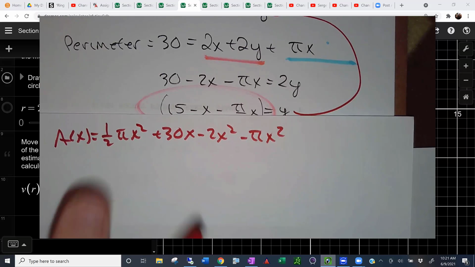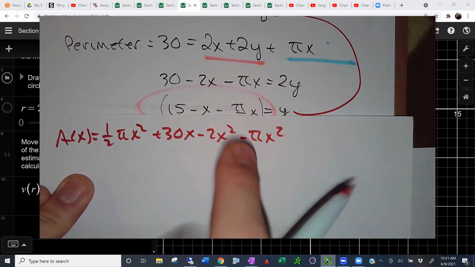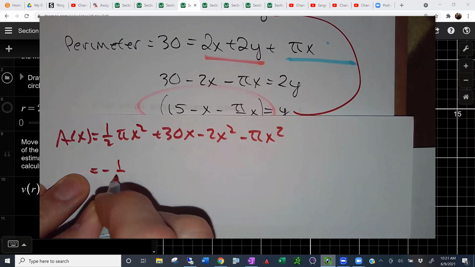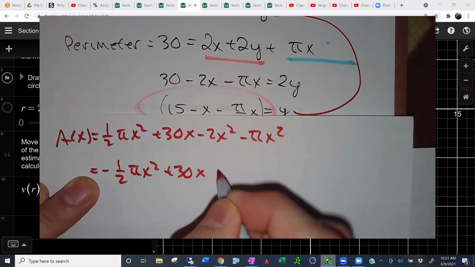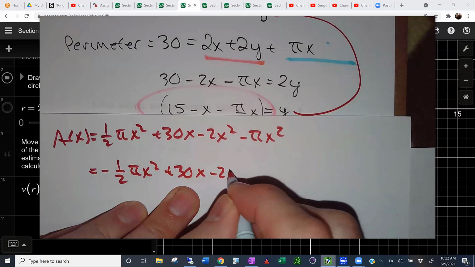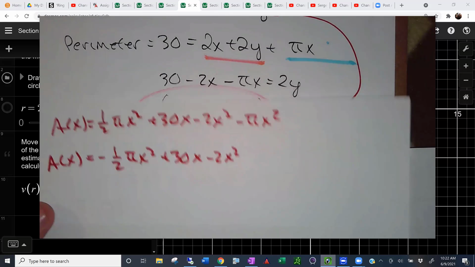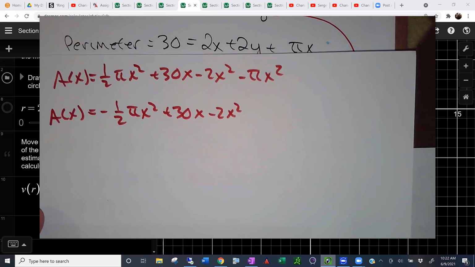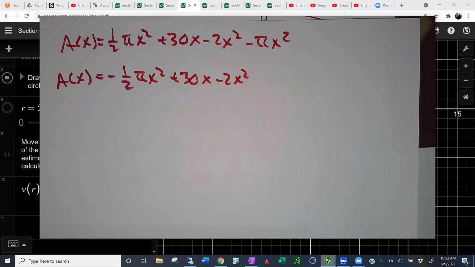Those are like terms. So 1/2 minus 1 gives me negative 1/2 pi x squared plus 30x minus 2x squared. And that's what I was looking for, A of x. A of x just depends on one variable. Perfect.